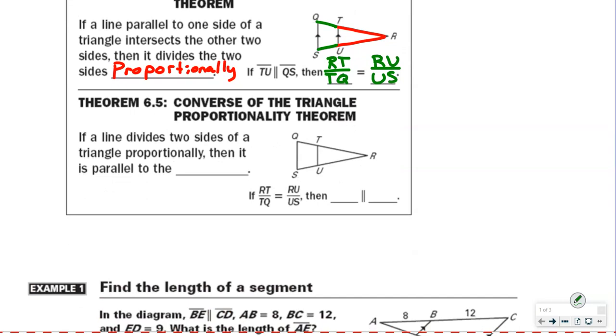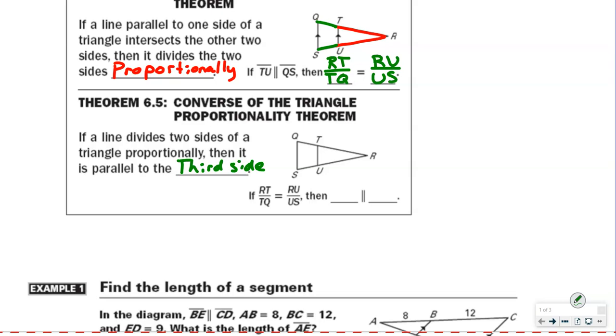Our second theorem is 6.5, which is the converse of the triangle proportionality theorem. It states, if a line divides two sides of a triangle proportionally, then it is parallel to the third side. And notice this is a converse.